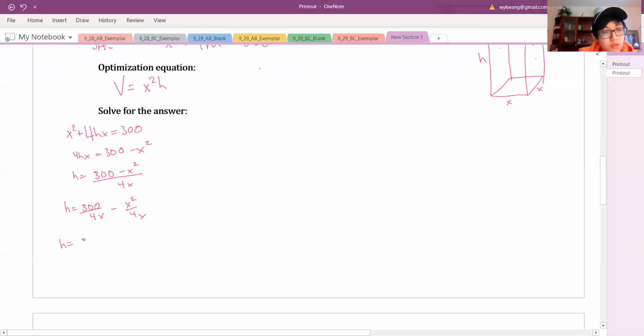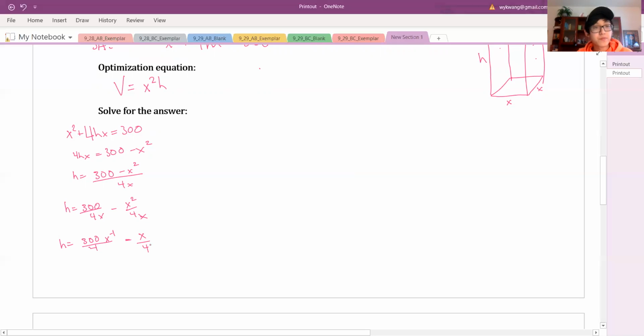H is equal to 300 over 4, I'm going to bring the exponent to the top, so x to the negative first power, right? So we bring x from the numerator to the denominator, now it's a negative exponent, minus, I'm going to divide by x on both sides, so x over 4, right? We just cancel out an x.